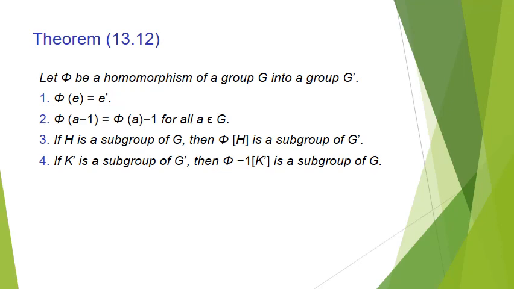Second theorem: P(a⁻¹) is equal to P(a) inverse for all a in G. Third: if H is a subgroup of G, then P(H) is a subgroup of G prime. Number 4: if K prime is a subgroup of G prime, then P inverse of K prime is a subgroup of G.